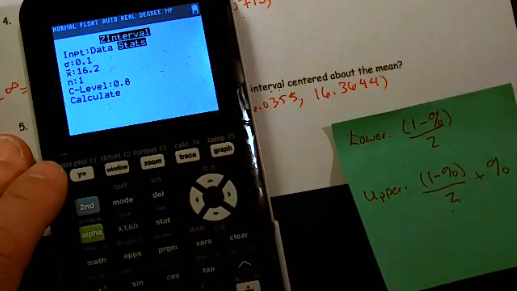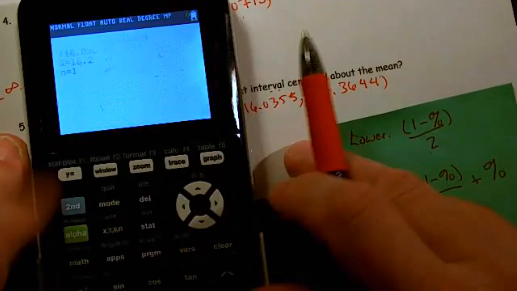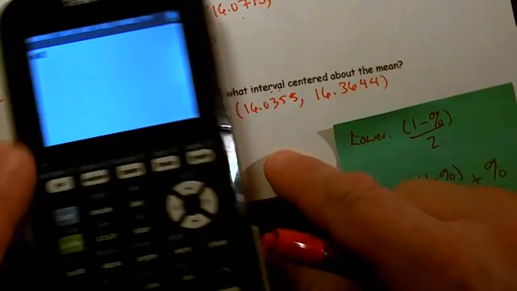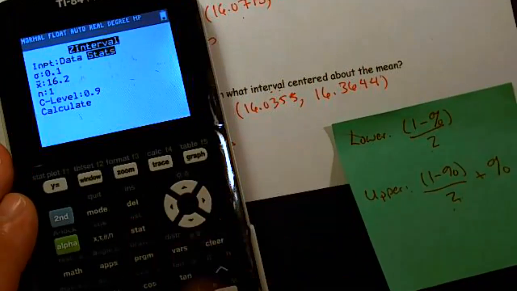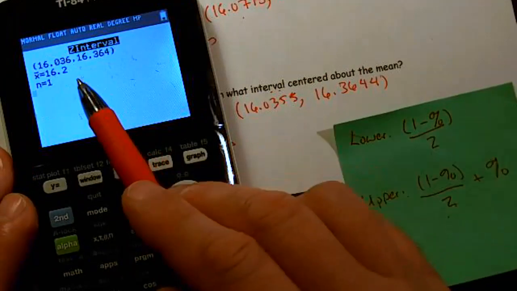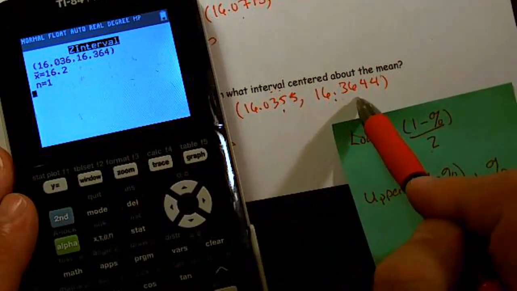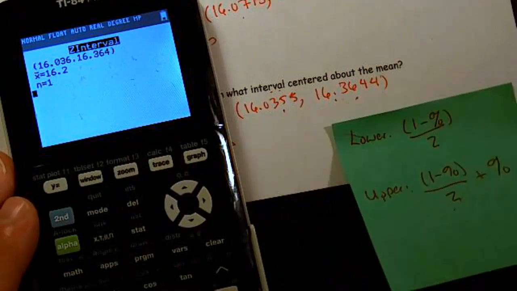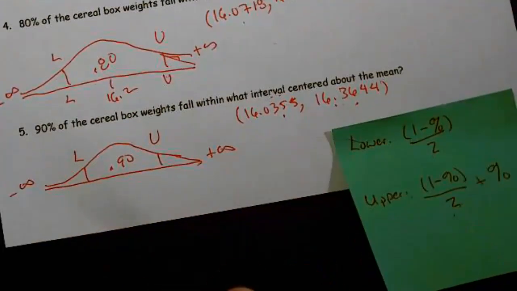And we want 90%, so centered at 0.90. 16.0, oops, sorry about that. Let me bring that back up. 16.036, and then 16.364. All right, so that is our interval centered about the mean.